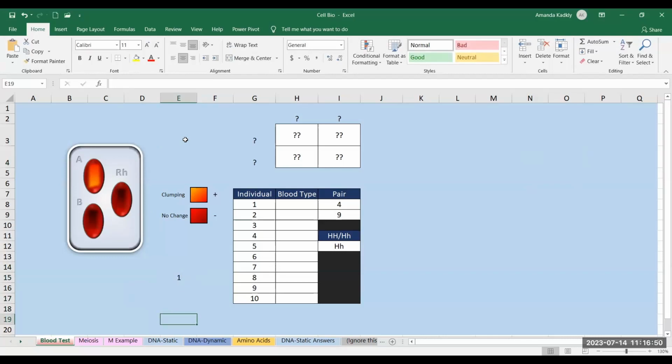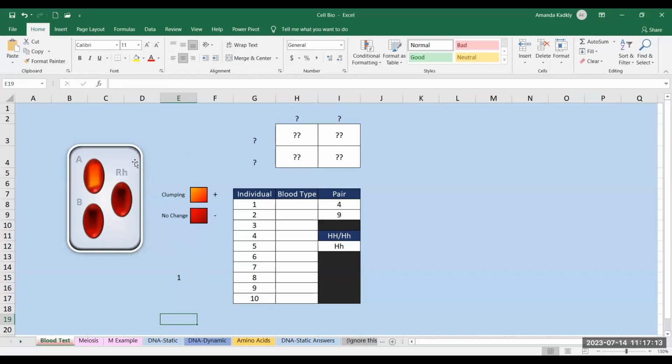Every time the data changes, it's resetting randomly. So you would look at the color change. This brighter color indicates that clumping happened, that a reaction happened, and these here would indicate no change, no reaction.